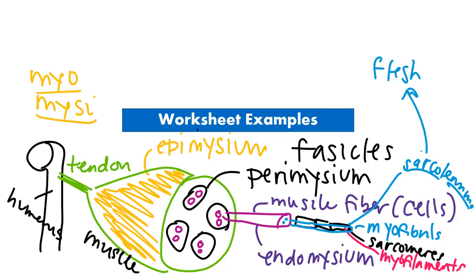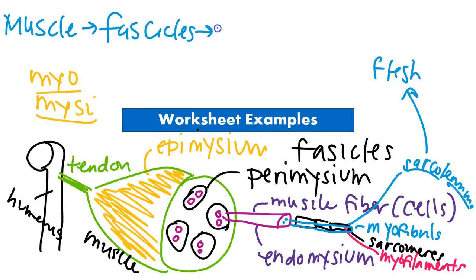So that's a lot going on, and I just want to prime our brains since we're going to get into details of this. So that means you're looking at the muscle. And that muscle is made of fascicles. And those fascicles are made of muscle cells. And those muscle cells are going to be made of myofibrils.